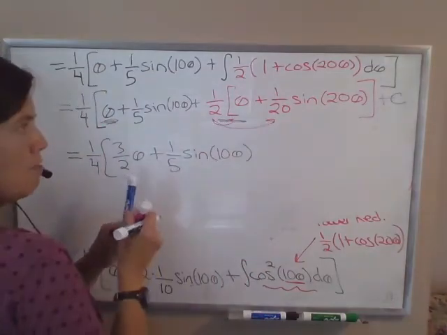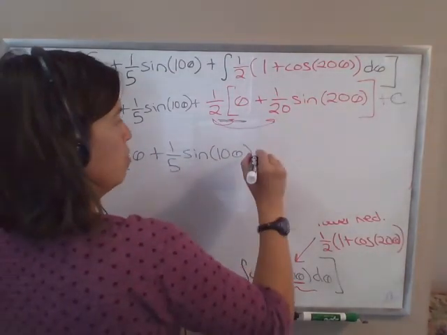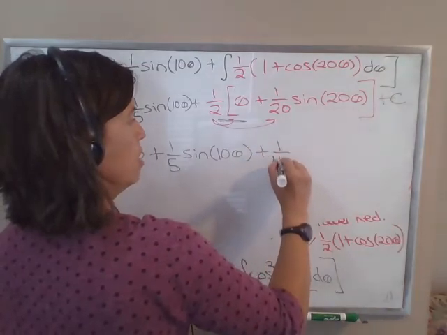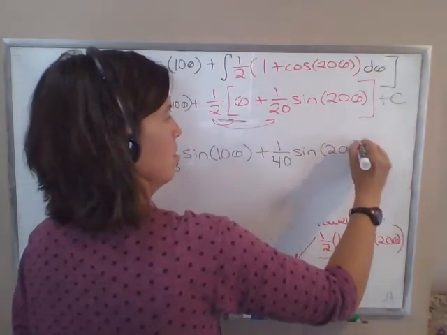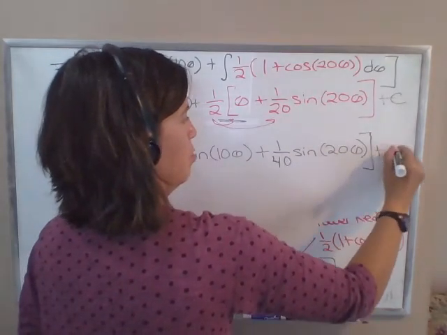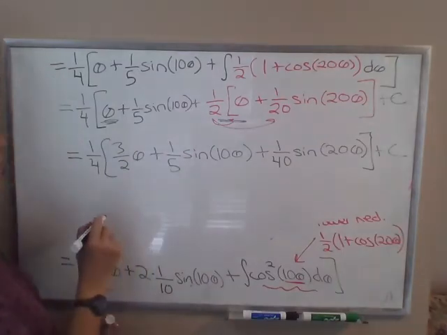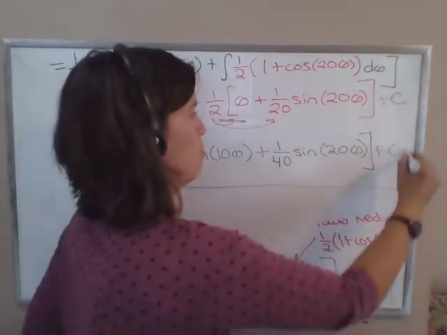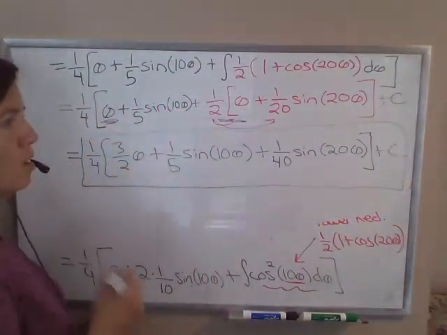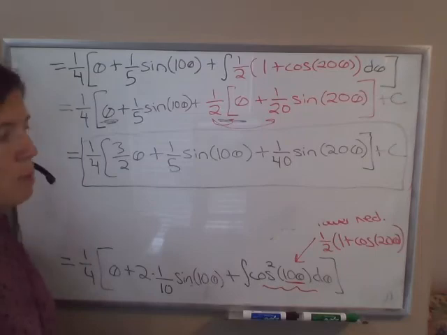So the 1/2 theta we've already combined over here. 1 over 2 times 1 over 20, so plus 1 over 40 sine of 20 theta plus c. And then for the final answer, we could distribute the 1/4. I think you know how to distribute 1/4. So I'm going to box this up here. And there you go.